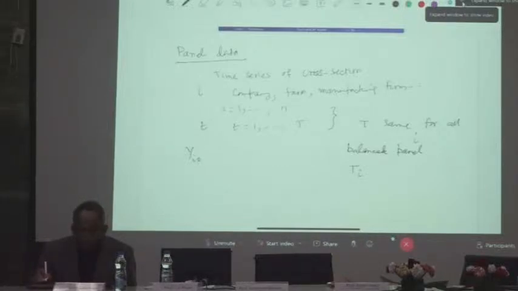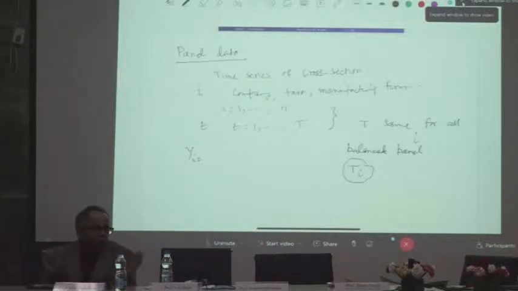Now there may be many reasons why a particular company or a particular farm is not observed in all time periods, but we are not getting into the details of why. It might be missing randomly, or there might be a particular reason why they are not reporting the data every year. The techniques that we are going to talk about work for both balanced and unbalanced panels. But dealing with an unbalanced panel in terms of notation is a little bit cumbersome, so we will assume that you have a balanced panel.